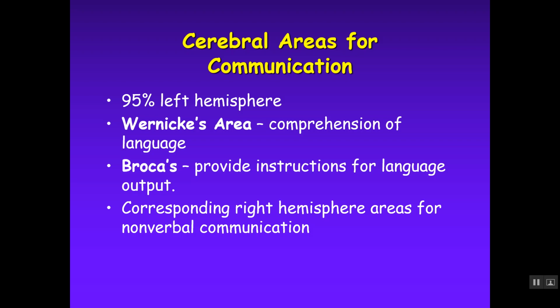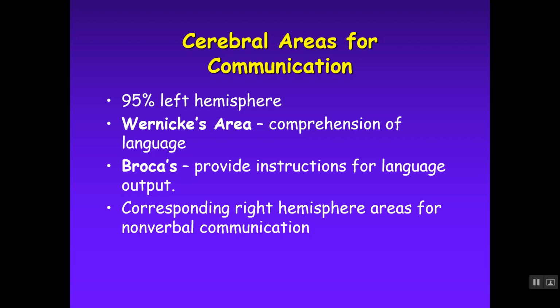So, cerebral communication, for verbal and written communication, I should specify here. 95% of us use the left hemisphere for reading, writing, understanding verbal language and speaking. We have a couple of regions that are important for that on this left side. We have Wernicke's area, which is for comprehension of language, so understanding when somebody's talking to us or reading a piece of paper and understanding written language.